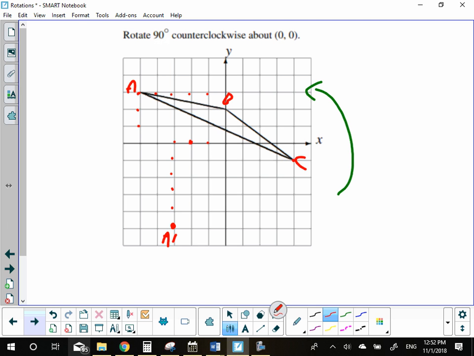B was right here. Same thing with C. Where's C? C is 1 down. And it's 1, 2, 3, 4 over. So if I'm rotating it this way, instead of C going up and down, it's coming out 1. Instead of going out 1, 2, 3, 4, it's going to go 1, 2, 3, 4 up.